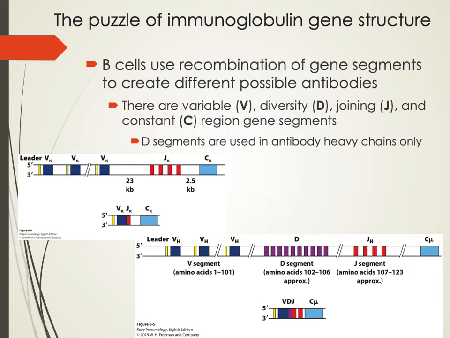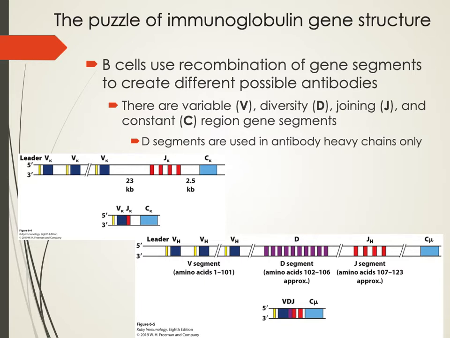And then on the right side, we have our figure for the heavy chain. So again, we have a number of variable segments to select from. We have D segments to select from, J segments to select from, and then we have a constant that is the same. So we have one constant for that heavy chain, okay?